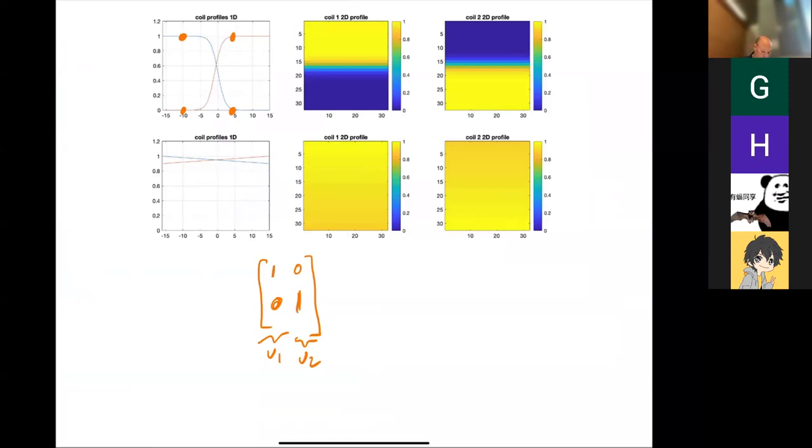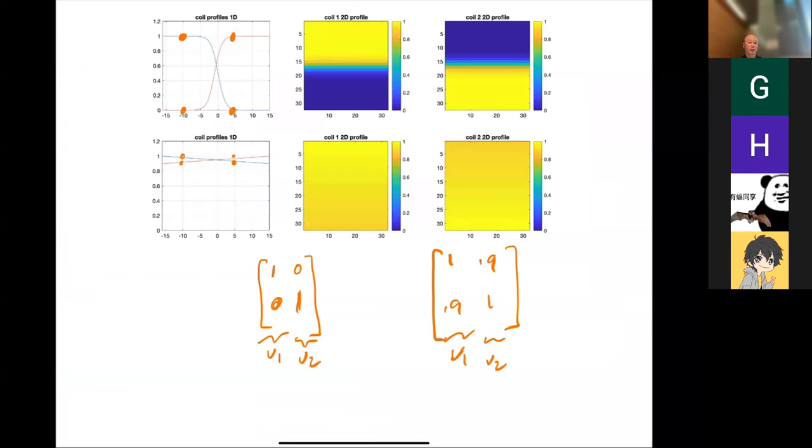Now, if I do the same thing here, taking those same points, I'm going to get something like 1.9, 0.91. In that case, these two vectors, V1 and V2, are fairly similar, and so that's going to lead to huge noise amplification.